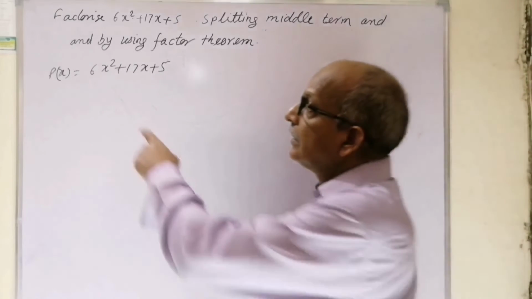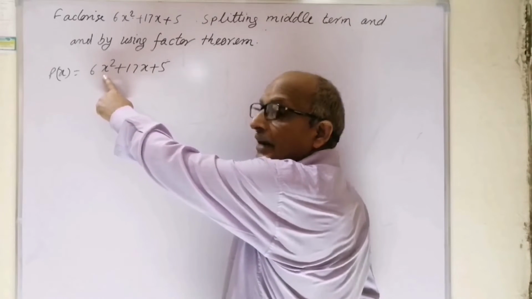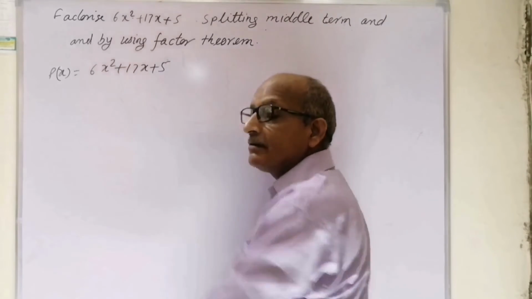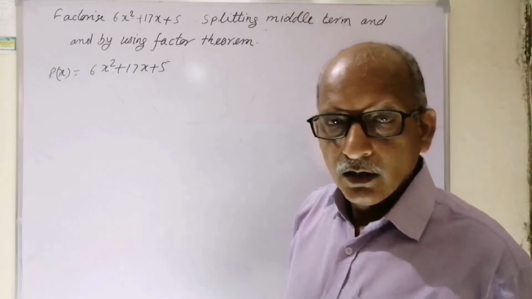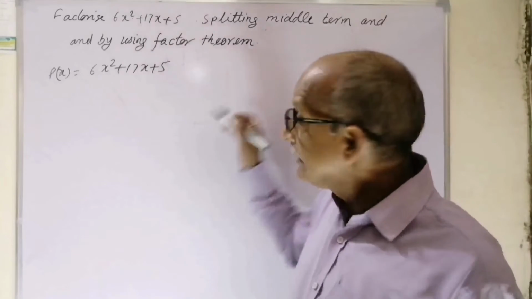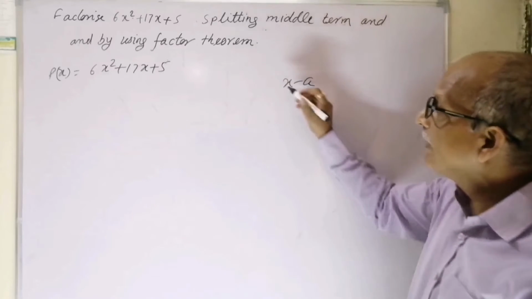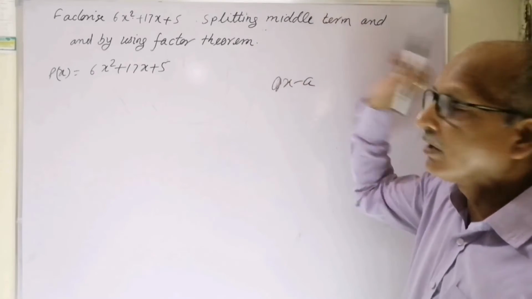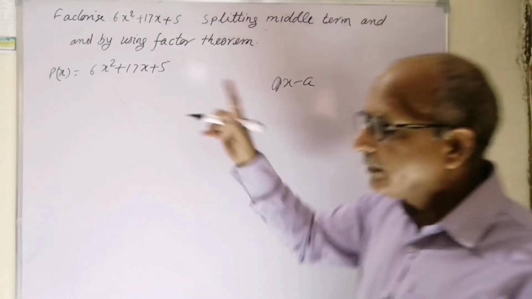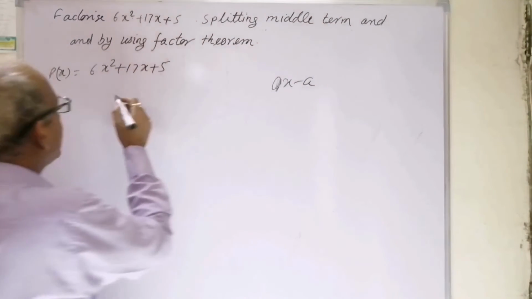It means x square should be made free from any coefficient other than 1, because we need it in the form of x minus a. The x minus a can be there only when there is nothing here other than 1. So we have to make it in this way.